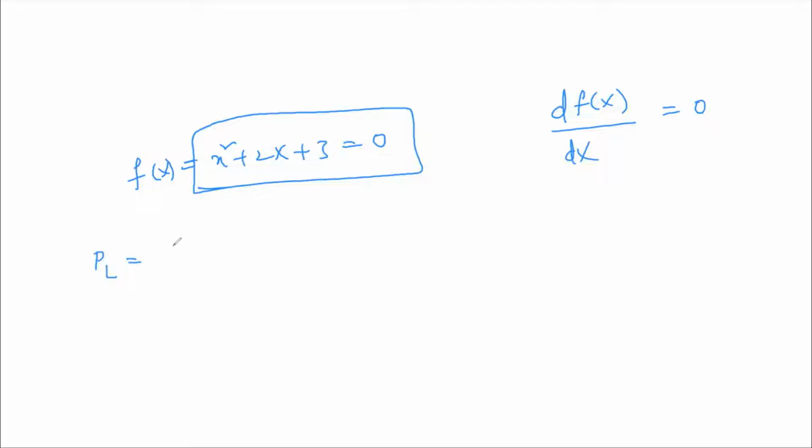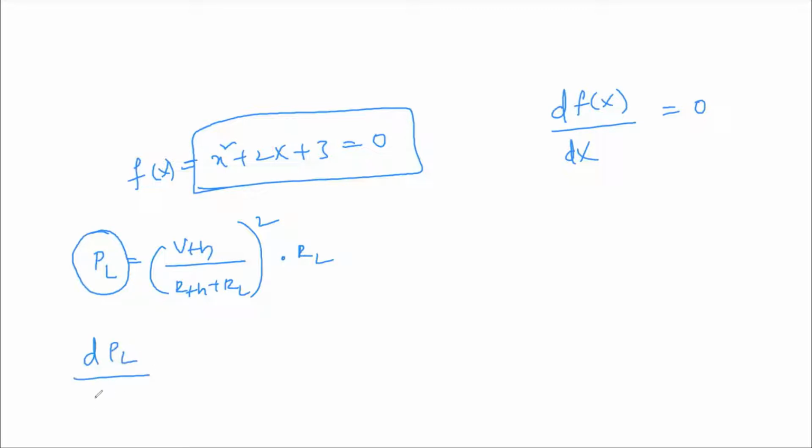In the same way, you got the load power: VTH divided by (RTH plus RL) whole square into RL. Now what do you have to do? The same way, to get maximum load power, differentiate this load power with respect to what? What we are changing here is the load resistance.